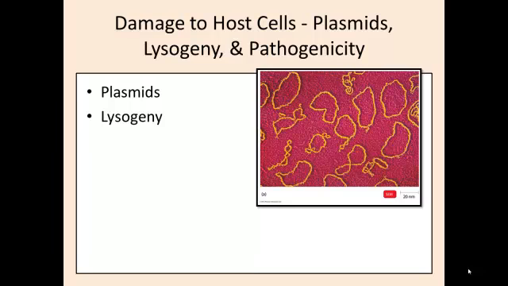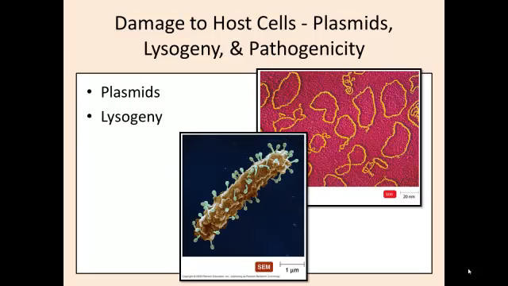So let's go on to lysogeny. Lysogeny deals with viruses. Some viruses, when they inject their DNA into a bacterium, rather than cutting up the bacterial chromosome and killing the bacterium, insert their DNA into the bacterial chromosome. Then when the bacterial chromosome replicates, it makes more of the virus. The virus spreads slowly through a population, not causing any harm, but itself is being replicated.